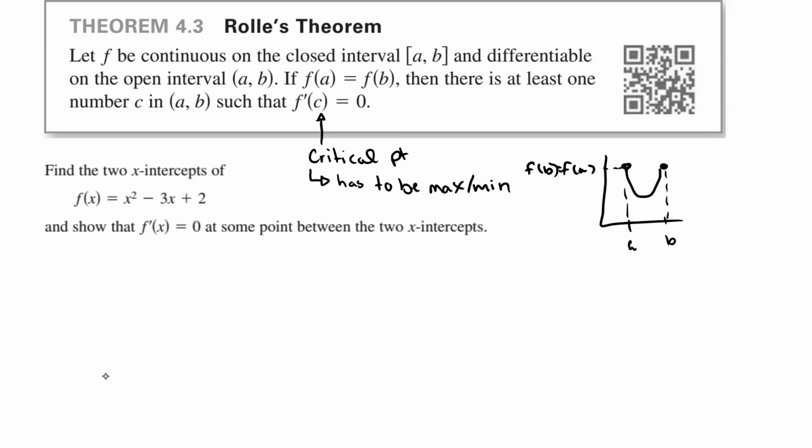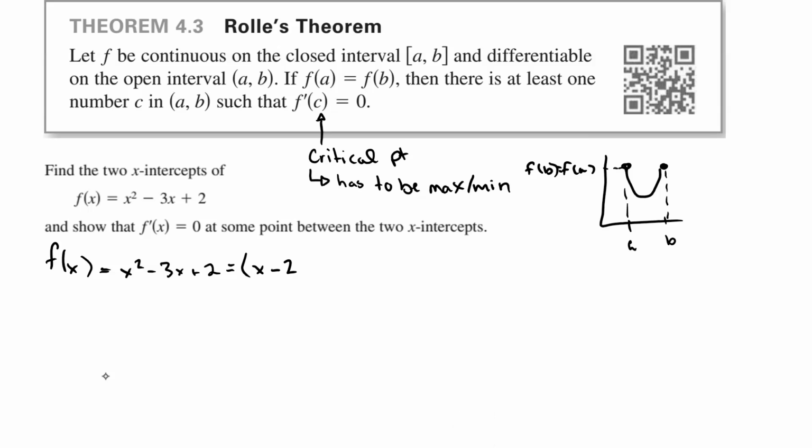So this first example here is going to illustrate that point. We have to find our x-intercepts for the function x squared minus 3x plus 2. X-intercepts come when our y value is 0, so we're looking for when this function equals 0.